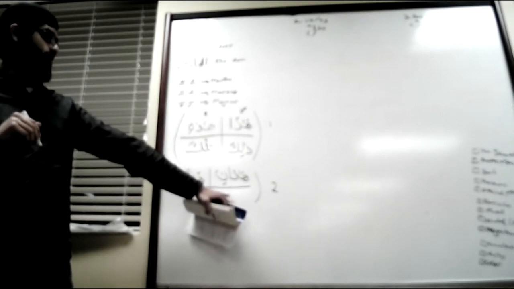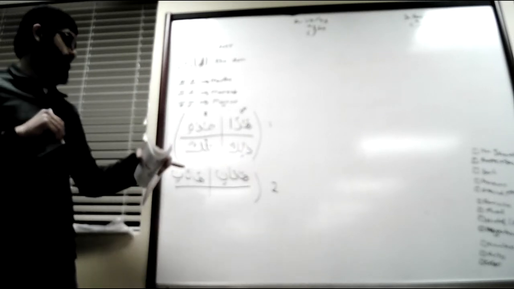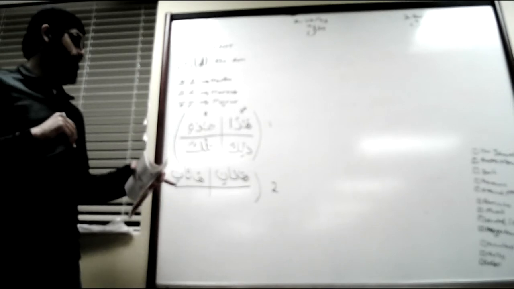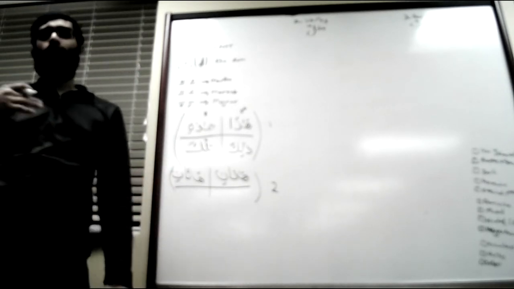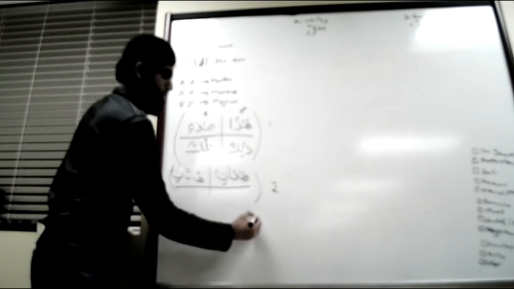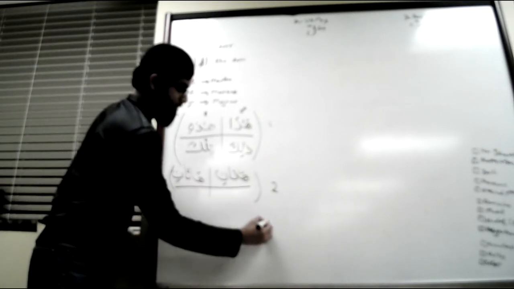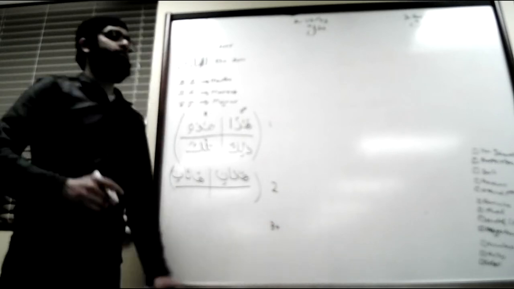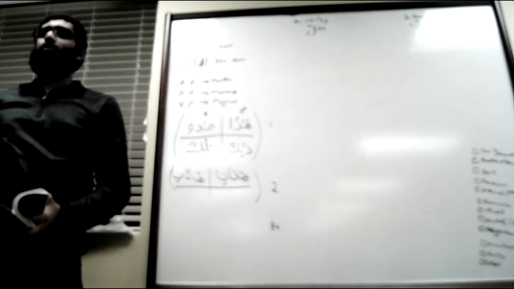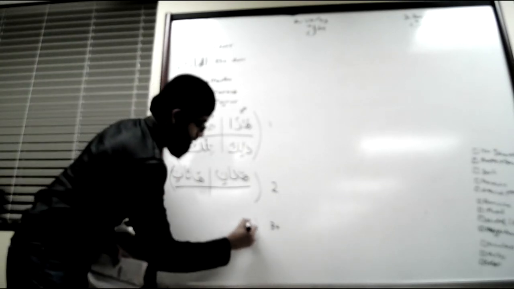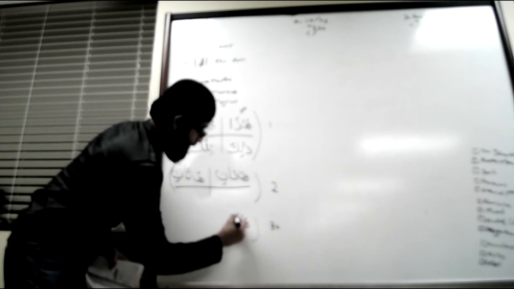I don't think we did it for dhalika and tilka. Okay, so that's for that. And then for plural, what did we learn? Or like three or more. If I want to say these are students, what would I say? هؤلاء. Right? So هؤلاء طلاب.